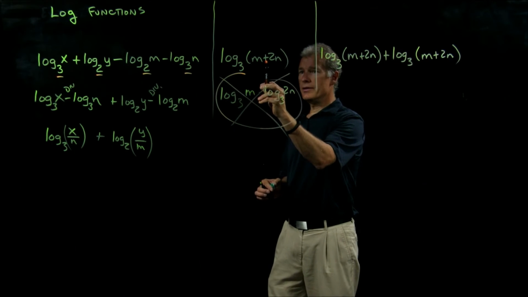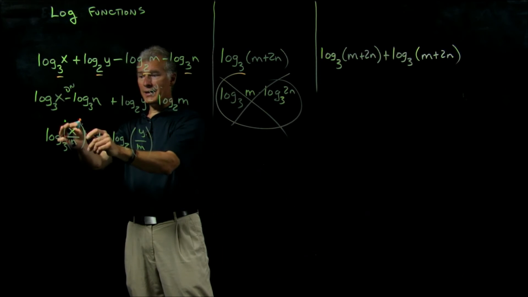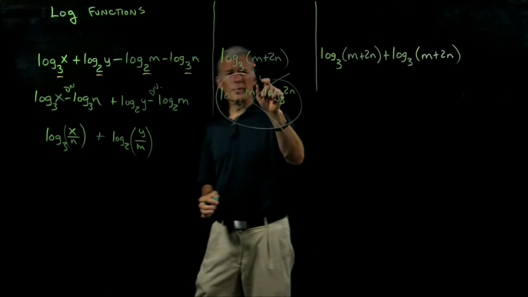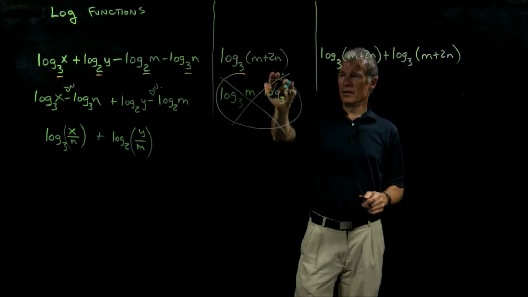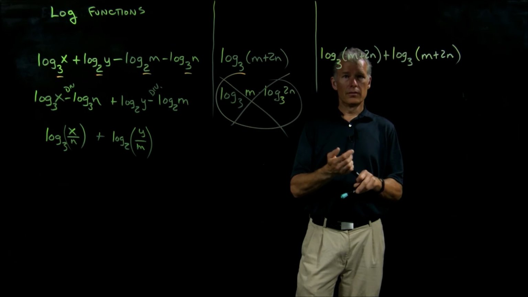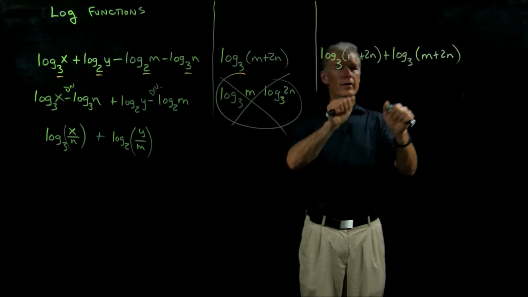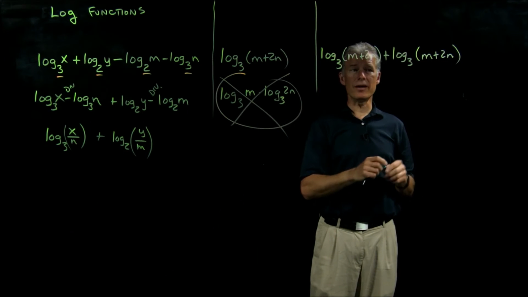So addition would be like here, where we can take two logs and combine them into one, into multiplication, right? But this is saying log of the entire thing. So let me give you an example of when we could actually do something with that. So here I have log base 3 of this, and they're exactly the same, right?